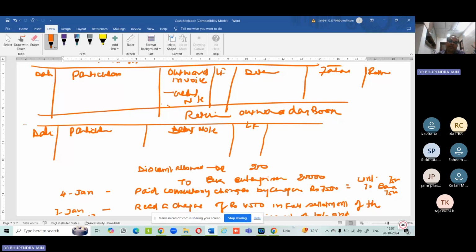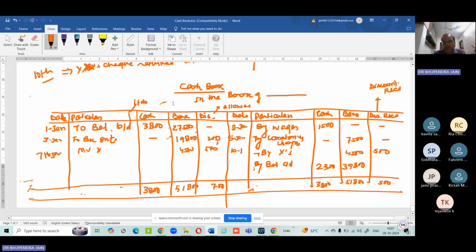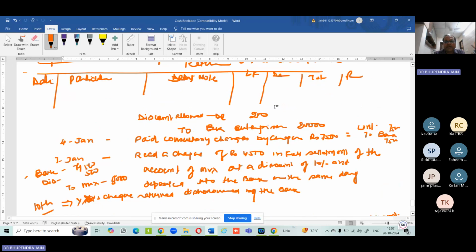The remaining part is the same: LF number, detail, total and remark. Very easy, very easy. No need to spend more time on it for examination purposes.